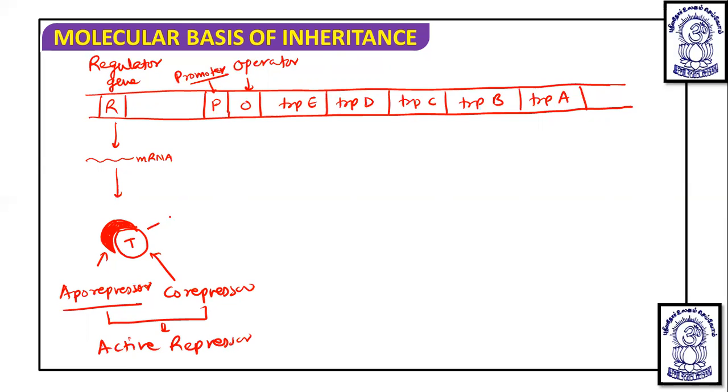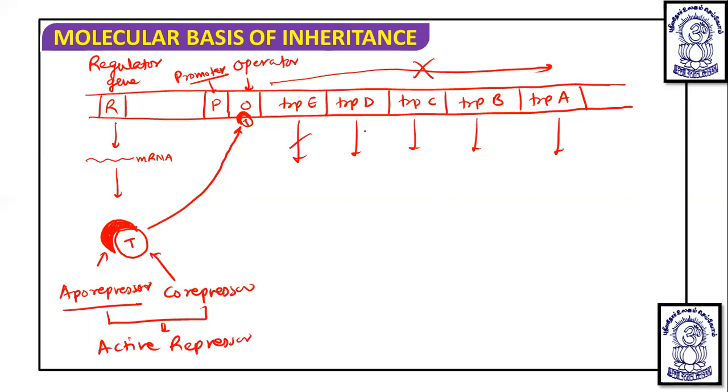This active repressor is going to bind with the operator. And if it binds with the operator, the transcription of these structural genes gets inhibited. If this is inhibited, they are not going to form their polypeptides, and tryptophan synthesis will stop.